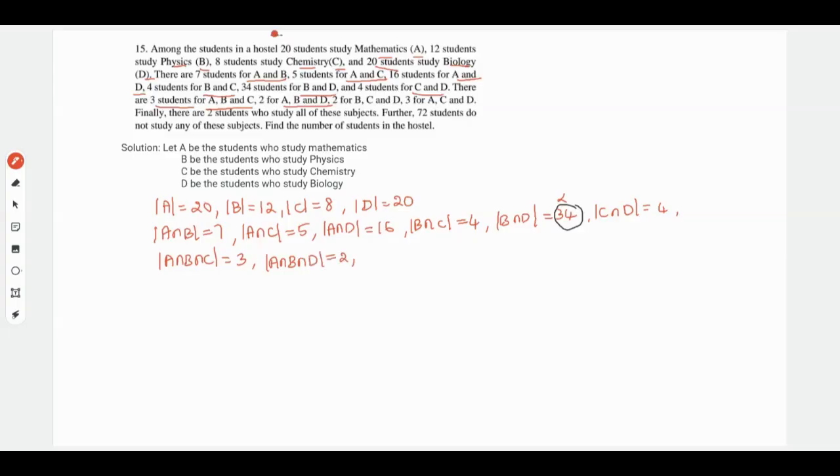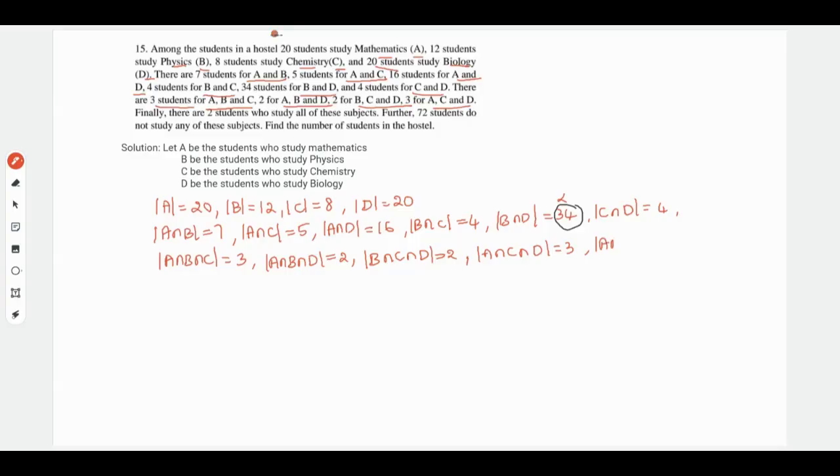Then B, C, D, they are 2. Then A, C, D, they are 3. Then finally there are 2 students who study all the subjects.